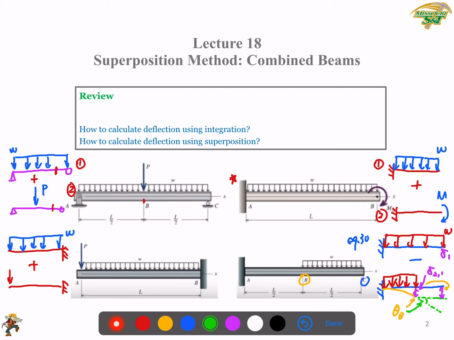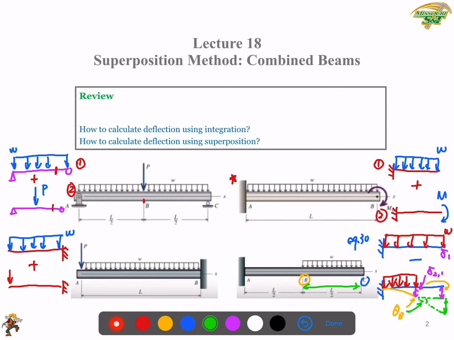Okay, so based on this triangle, now we can build a triangle. In this green triangle, you know this angle. And you can suppose that this angle is very small, and you know the section BC will not be bended, right? In beam 2, section BC will not be bended.